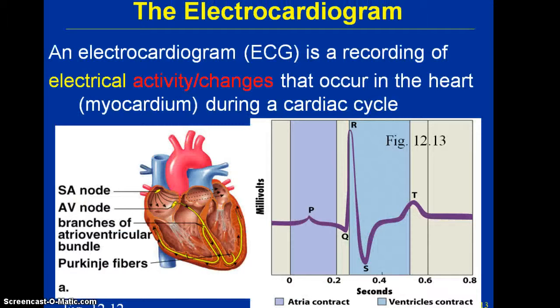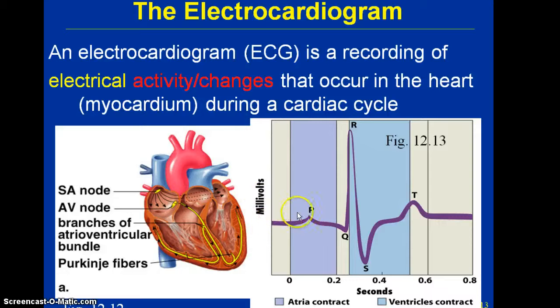We can look and see how this conduction system is working by using what's called an ECG, an electrocardiogram. It's a mapping of the electrical activity that's occurring within the heart. Along the side here, it's measured in voltage, as all electrical impulses and action potentials are.